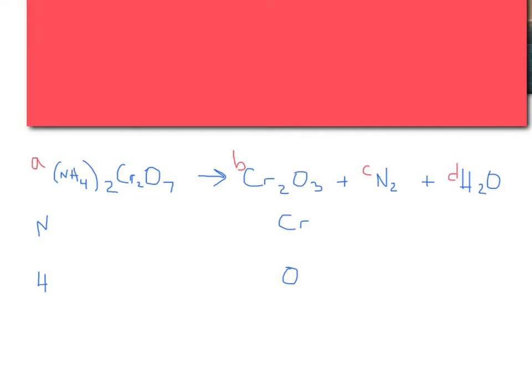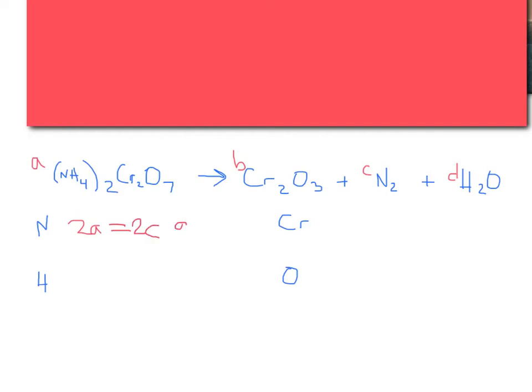So for our nitrogen equation, we're going to write 2A because there's a 2 outside that ammonium, so it's 2 times the N multiplied by the A equals 2C.